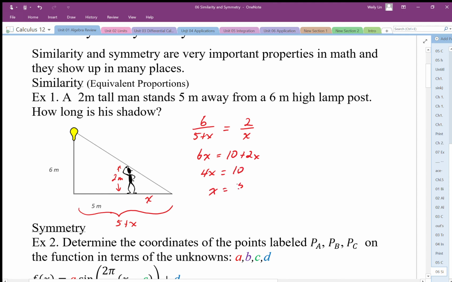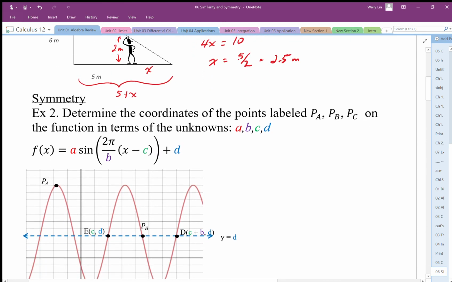So I end up with 5 over 2, which is 2.5 meters. The length of that shadow is going to be 2.5 meters. The length from the lamppost to the tip of the shadow is 7.5 meters, and you can see the ratios are in proportion to each other.